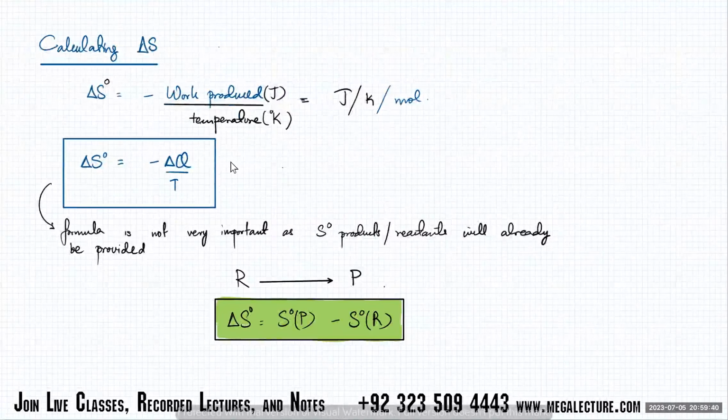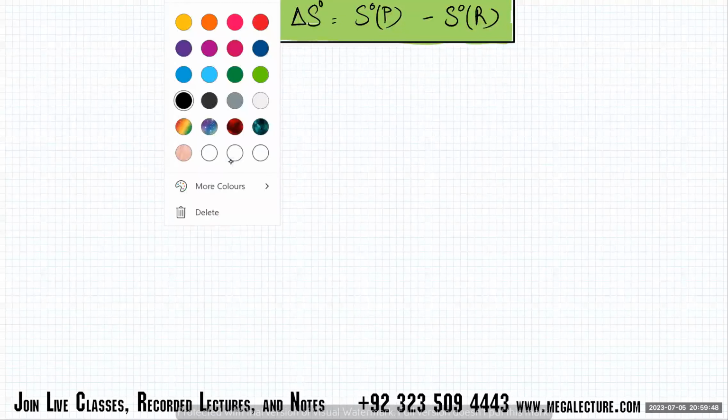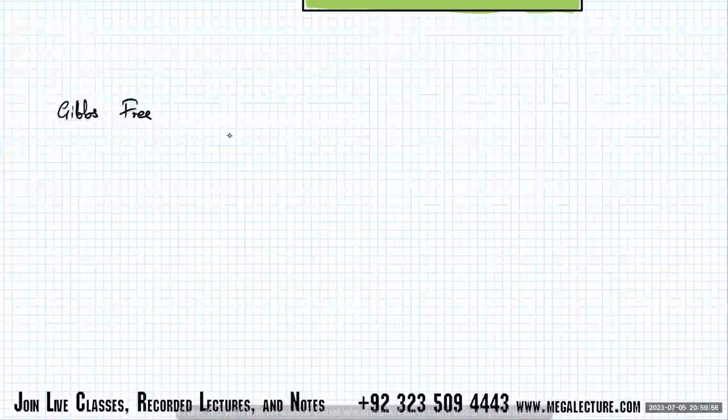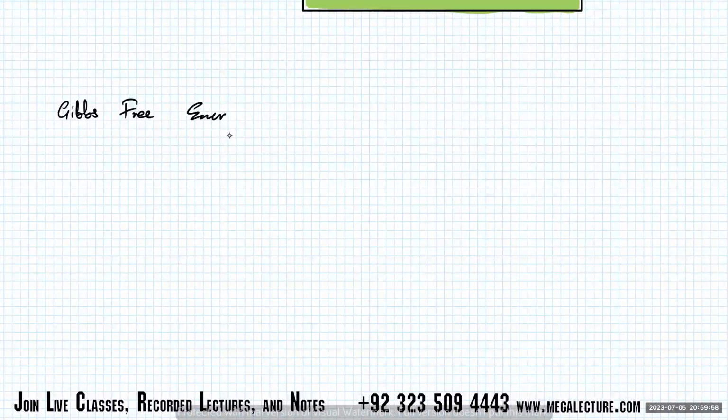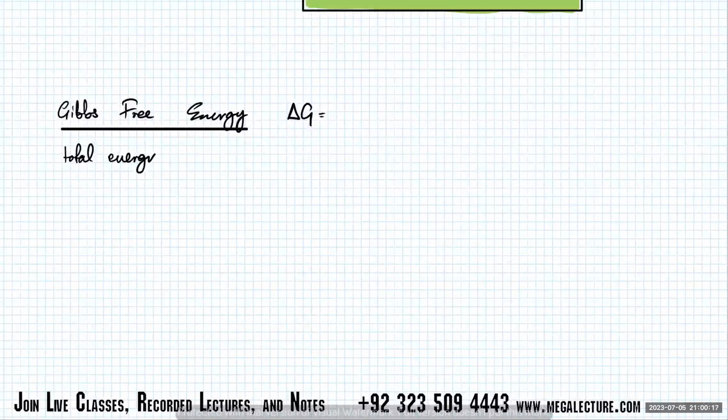The next thing is a continuation of this, which is that there's a thing called Gibbs free energy. So this thing is delta G. Now Gibbs free energy is the total energy available for useful work.